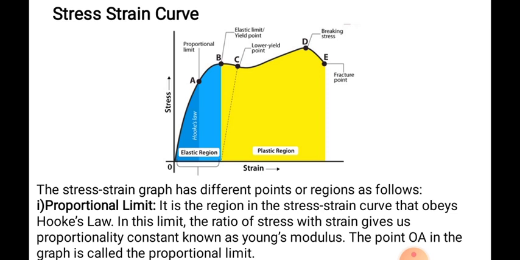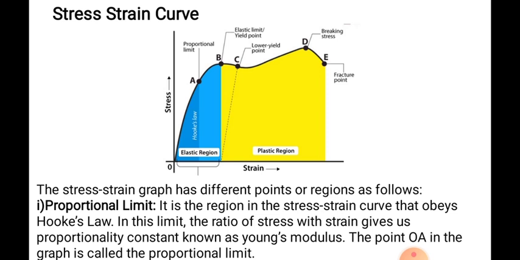The stress strain graph has different points or regions as follows. The proportional limit is the region in the stress strain curve that obeys Hooke's law. You have studied Hooke's law in the 11th or 12th standard: stress is directly proportional to strain within the elastic limit.